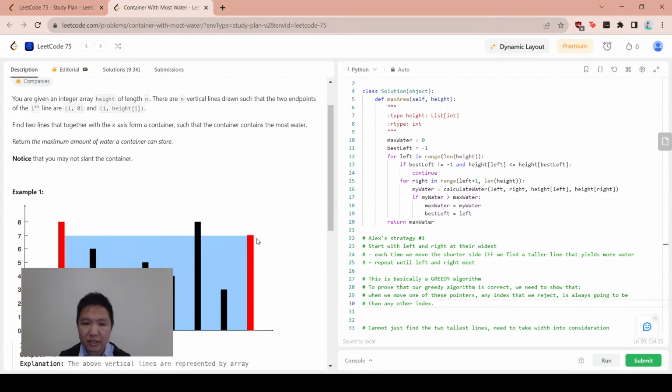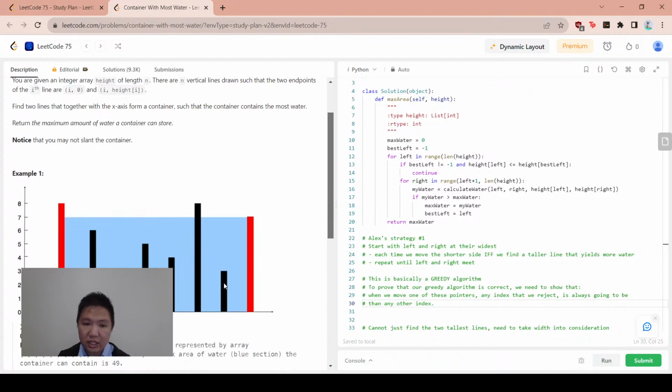Let's move this right side pointer from 0, 1, 2, 3, 4, 5, 6, 7, 8, from 8 to 7, okay? Now it becomes this short guy over here. So now we're at this short guy over here. It's clearly going to contain less water. It's closer to the other one, and it's also shorter, right?